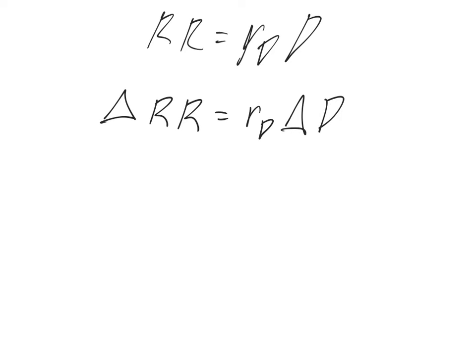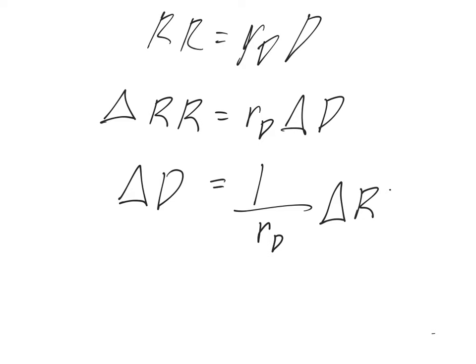Which means if you divide both sides by RD, you get delta D equals 1 over RD times delta in required reserves. And that is equation 3 in chapter 17.